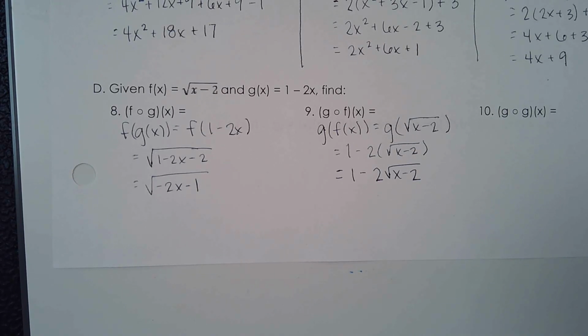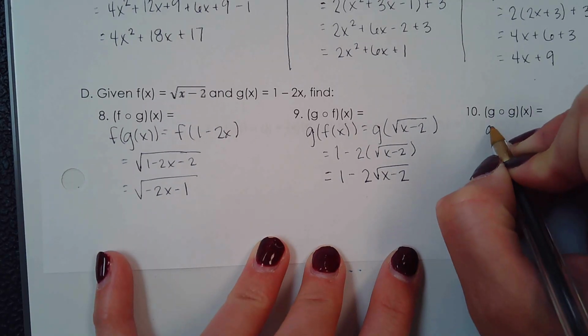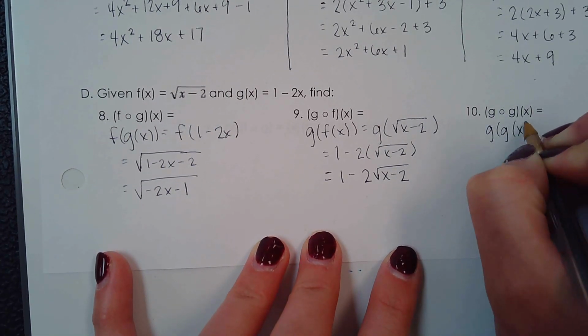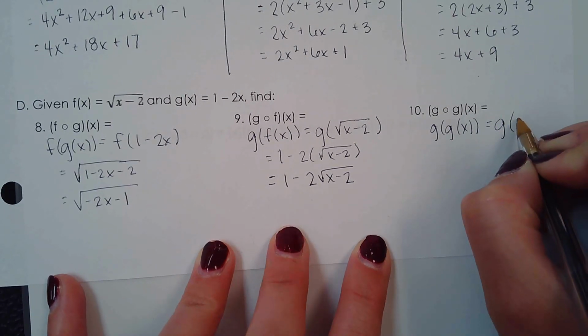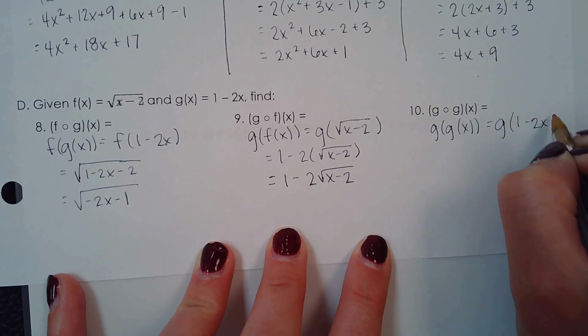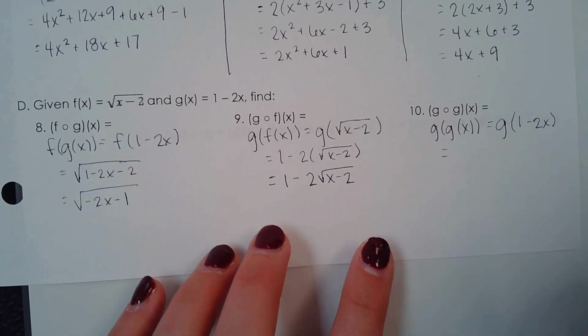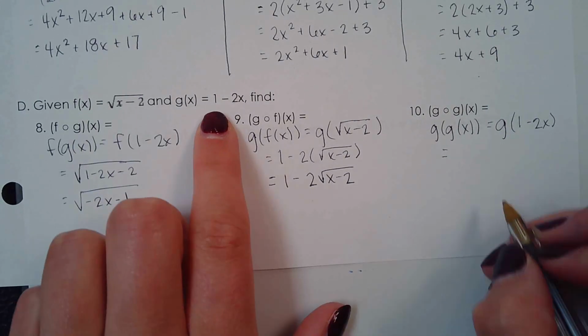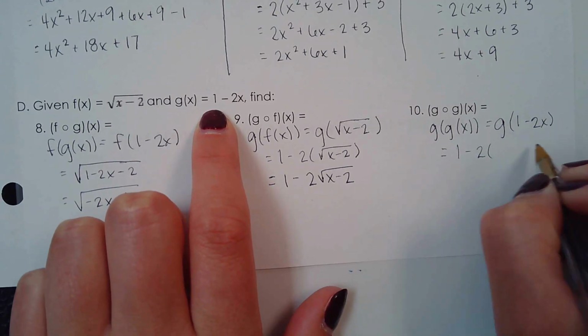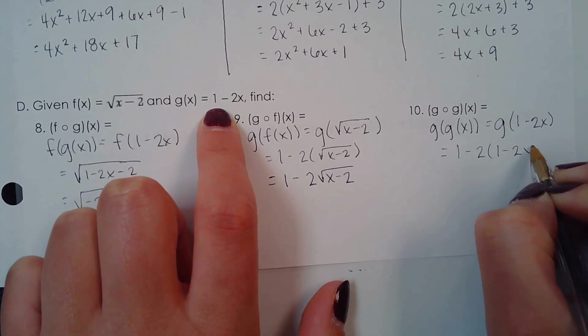Okay, cool. So we'll do the next one. It's g of g. So we'll be finding g of 1 minus 2x. When we plug in for all that, you're going to have 1 minus 2 times 1 minus 2x.